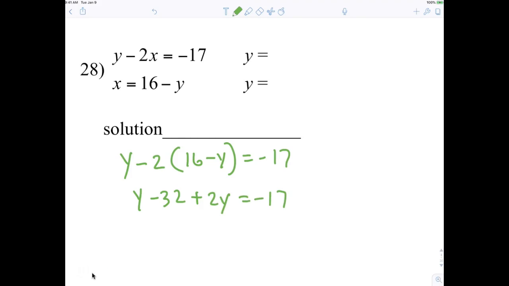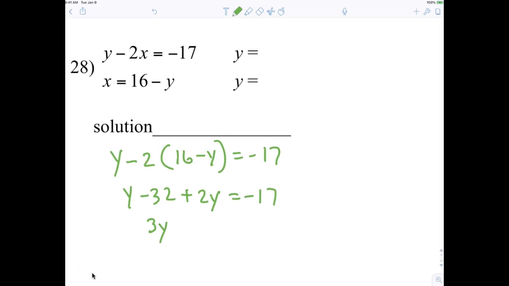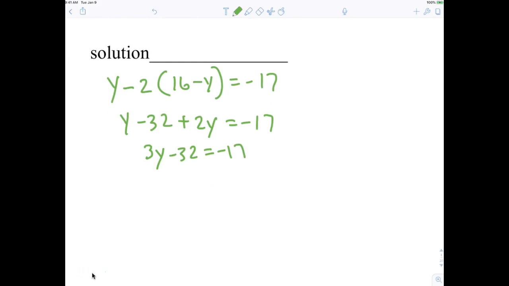Is that making sense? So now 3y minus 32 equals negative 17. 3y equals 15. Y equals 5.